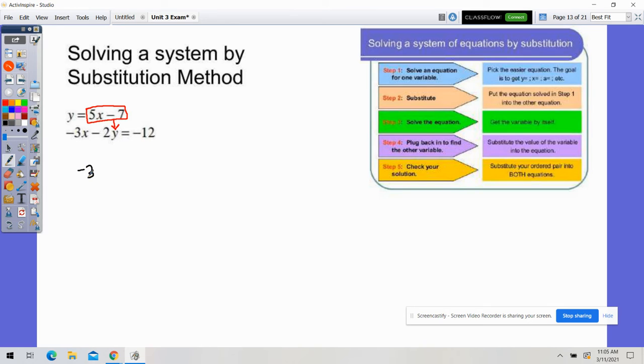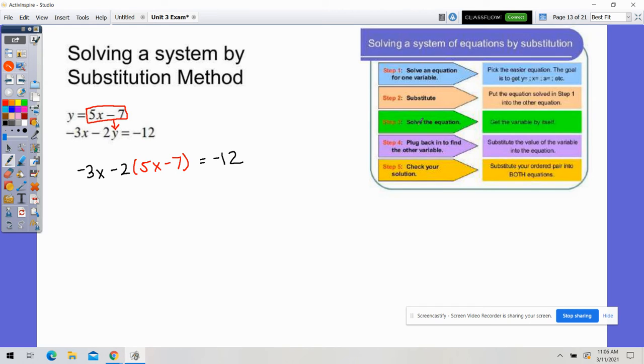So we have negative 3x minus 2, and I'm going to put that in parentheses, equals negative 12. Now you can see we went from an equation with 2 variables to an equation with only 1 variable, so we can actually solve.